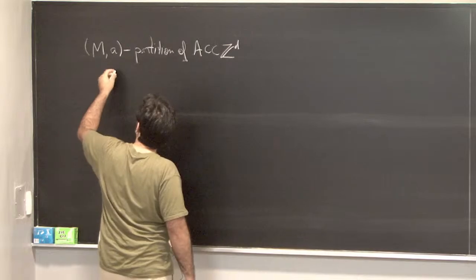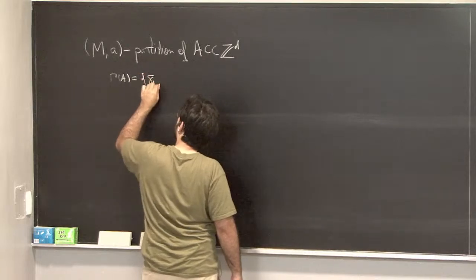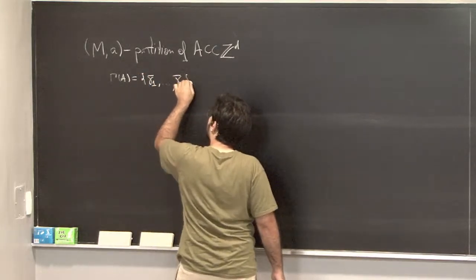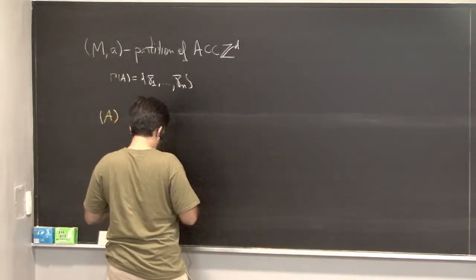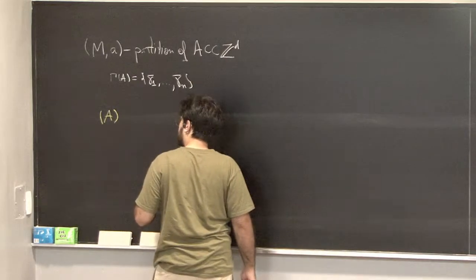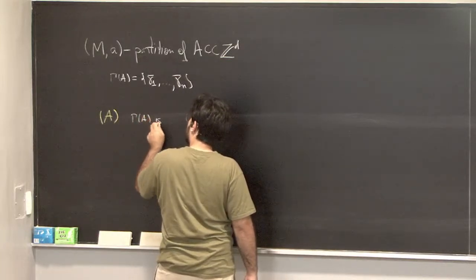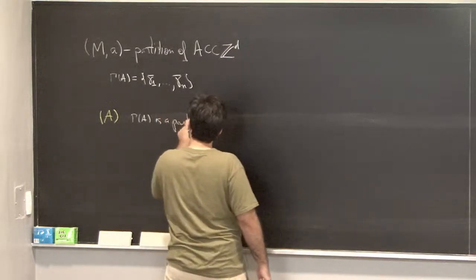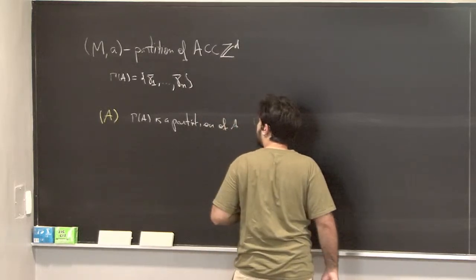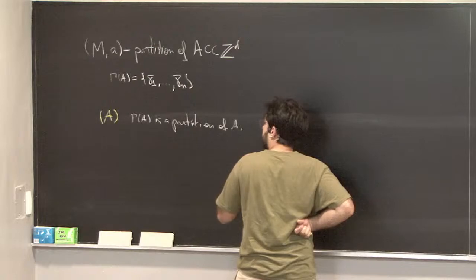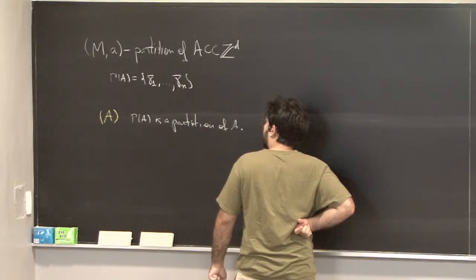So it is a collection of finite subsets, such that it satisfies two conditions. We have the condition A, where we ask that gamma is a partition of A, and more than that, we need the following property to be satisfied.